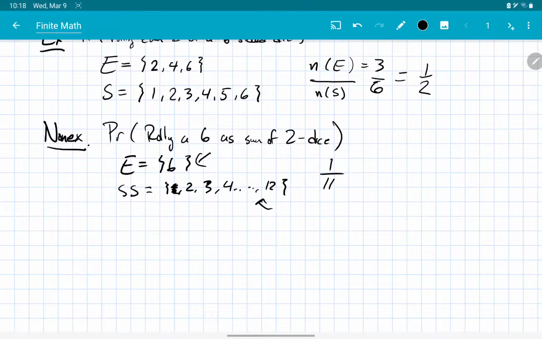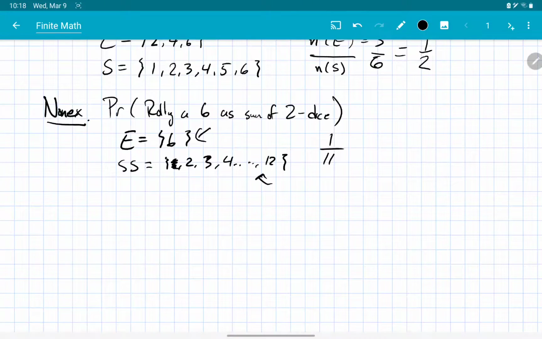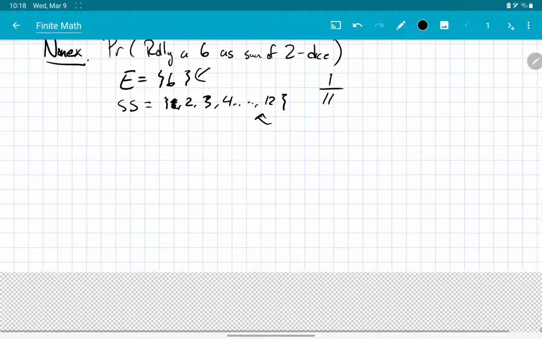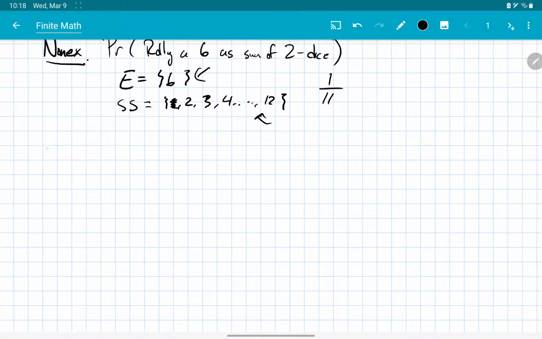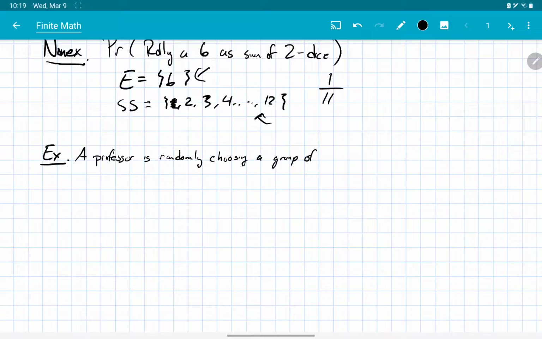Okay, let's do another few examples here before we talk about the other rule for today. Okay, first example. A professor is randomly choosing a group of 3 students for a presentation.